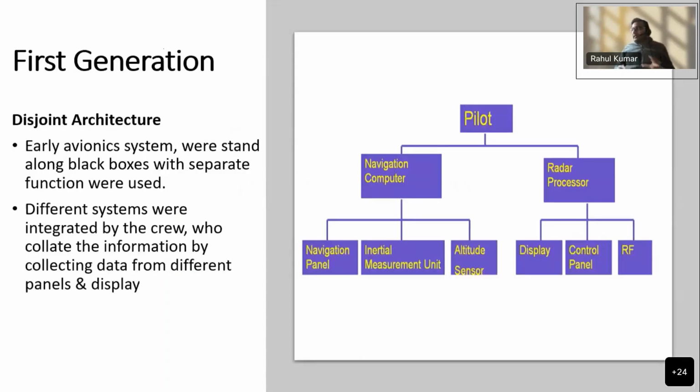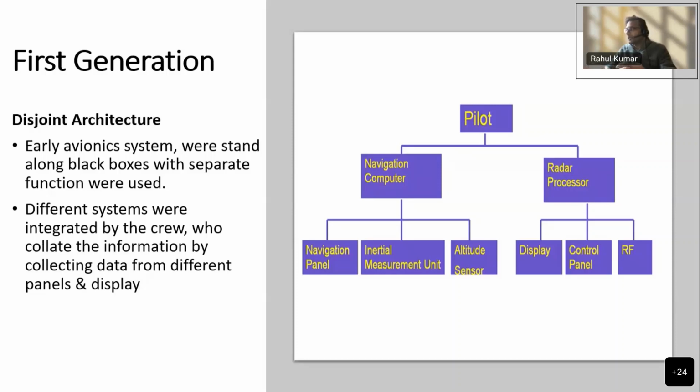Now the earlier avionic systems were standalone black boxes with separate functions. That is, they had their own dedicated sensors, processors and displays, right? So the first generation was a disjoint architecture, and mostly they were manual.